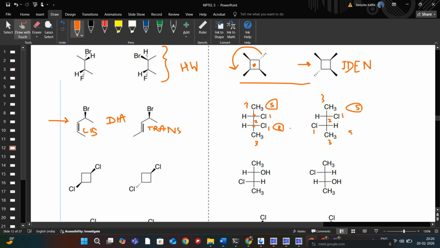And the configuration will be S. Hence, the sets of the configurations are SR and SS.